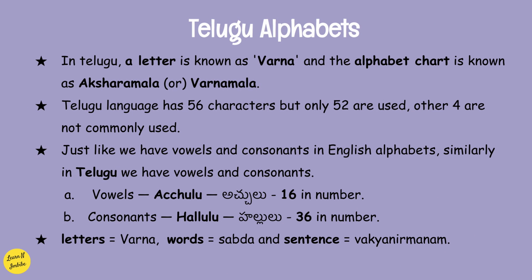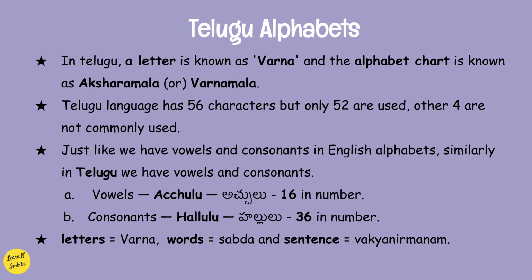Coming to the alphabets. In Telugu, a letter is known as Varna, and the alphabet chart is known as Aksharamala or Varnamala. The Telugu language has about 56 characters, but only 52 are used. The other four are not commonly used. Just like we have vowels and consonants in English, similarly in Telugu we have vowels and consonants as well.